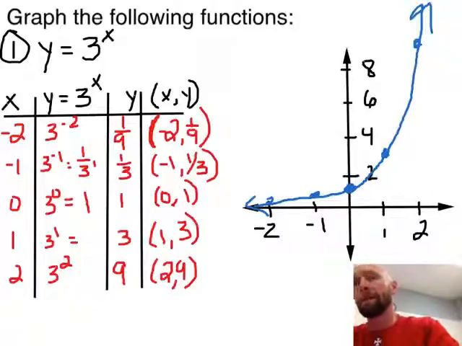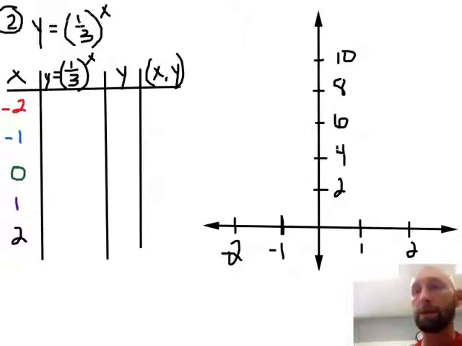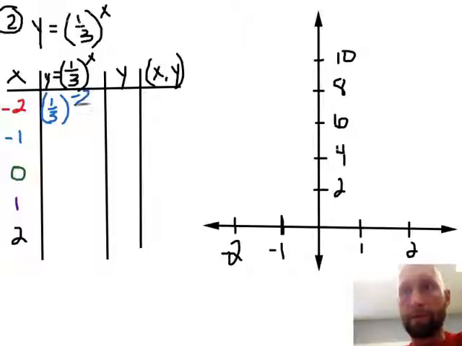On the next one, we're going to take a similar function, and we're going to do the table and go through the actual steps of putting in the values. We have the exponential function y equals 1/3 to the power of x. So we're going to put in 1/3 to the -2.